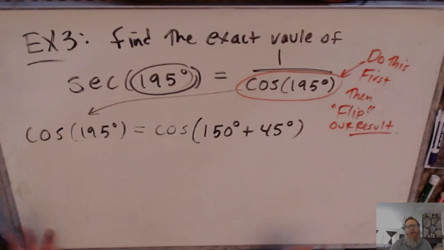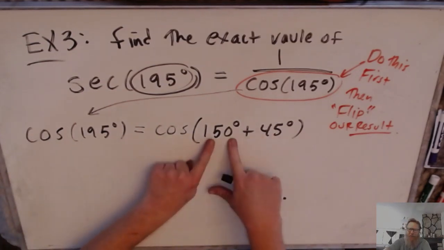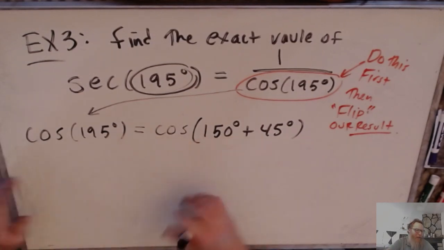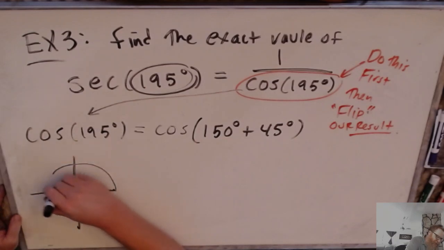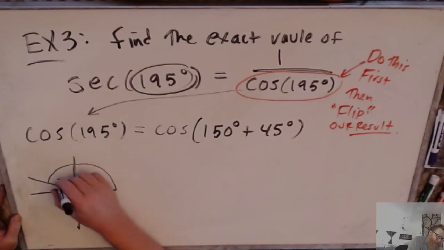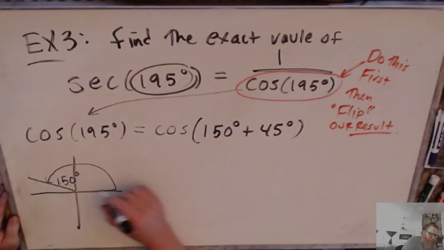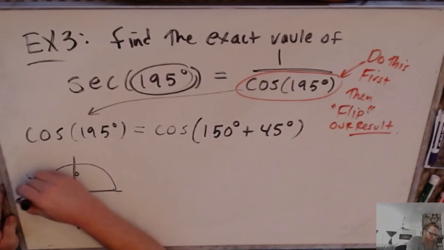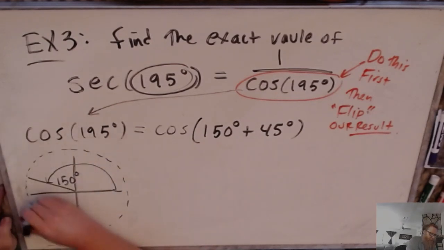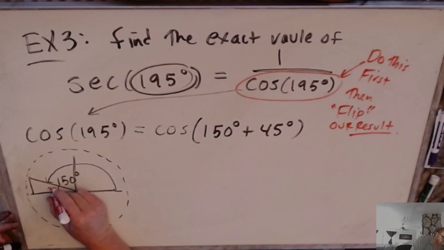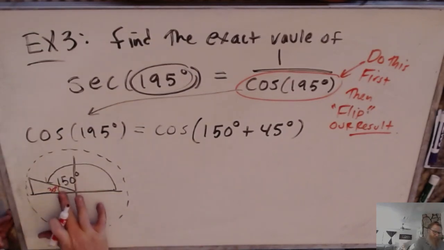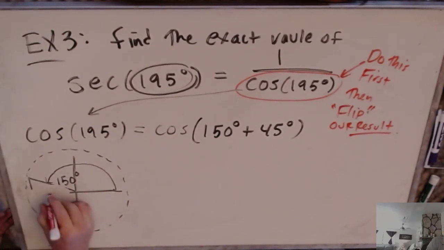All right? So you already know 45. And you might think, do I already know 150? Well, you kind of do. 150 degrees is over here. So what is 150 degrees? 150 degrees is the same as 30 degrees away from the x-axis.